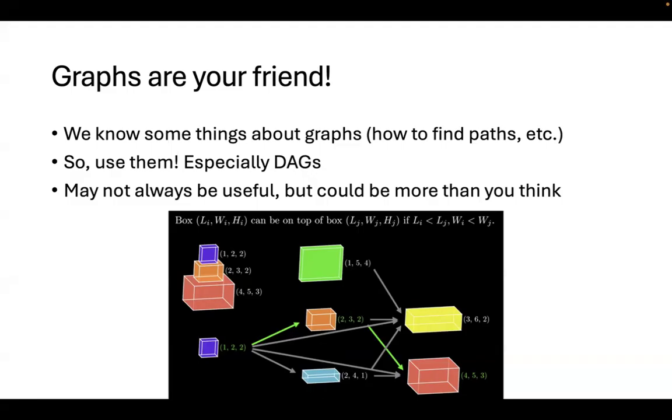The way they visualized it is a graph where this box can be stacked on top of this box. Then they break the problem down into, what if we stopped at this box? Or what if this one was the bottom box? As you go through that, you can find the longest path.